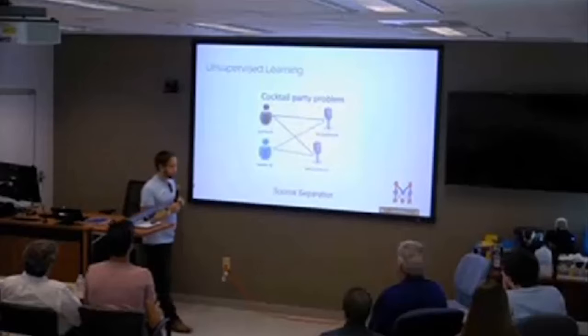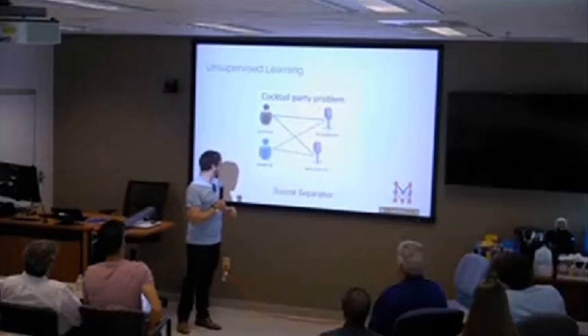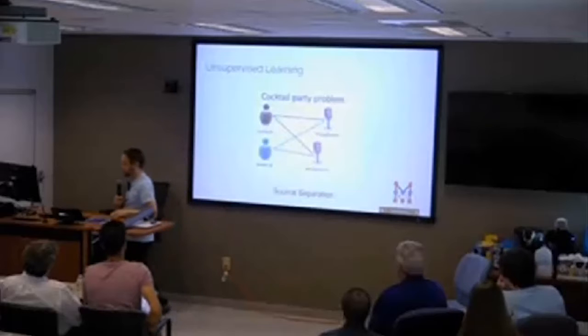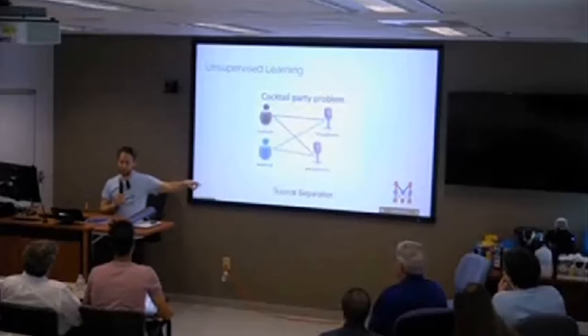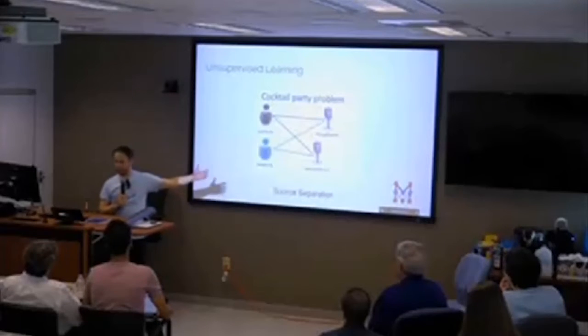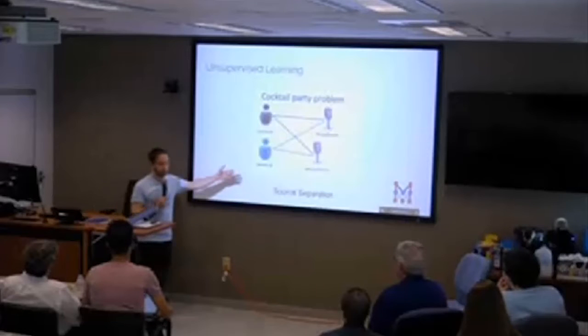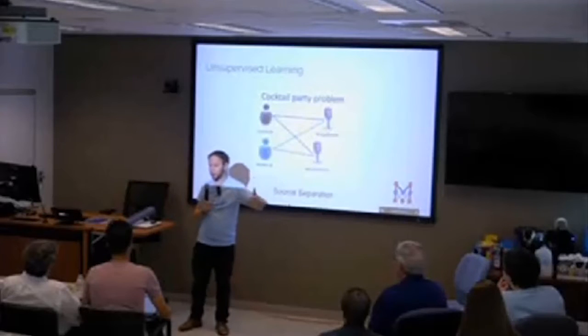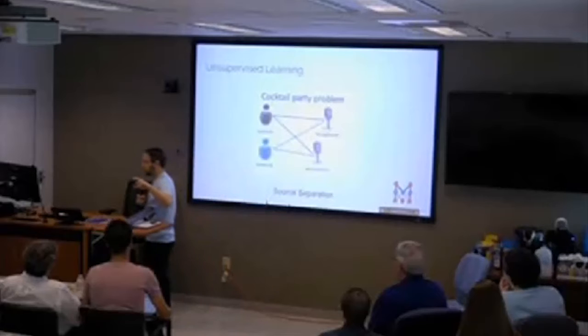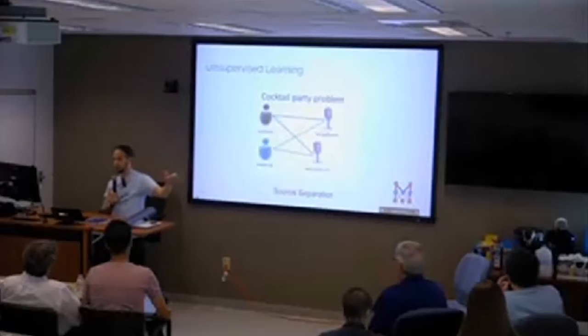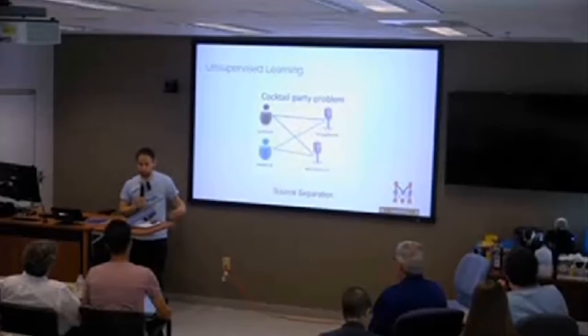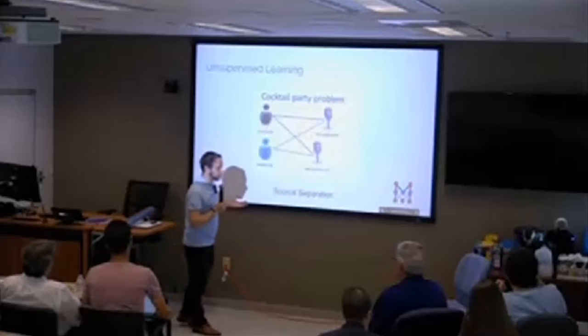Source separation is another form of unsupervised learning. I apologize for the JPEG-ness of this image. Let's say I'm talking and somebody else is talking right next to me, right? The cocktail party phenomenon is a problem we encounter all the time in a noisy environment. You have to pull out somebody's voice and have a conversation with them and ignore the other person. And we do this intuitively, but how on earth do you do this? How do you separate?